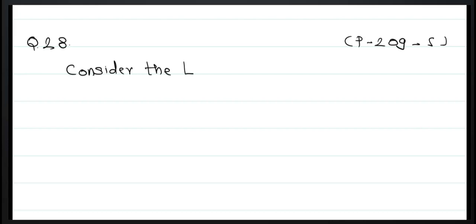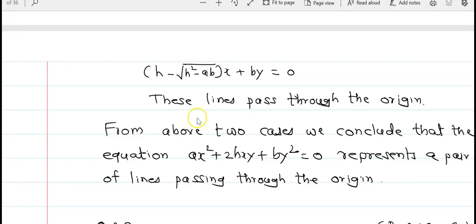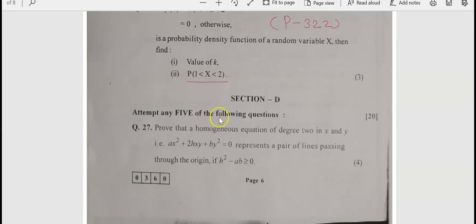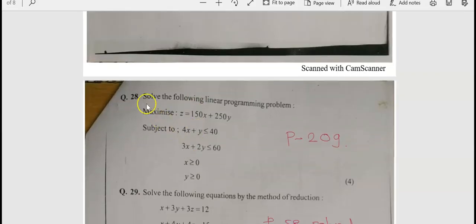Now the next is question number 28. Solve the following linear programming problem. Maximize z = 150x + 250y, subject to 4x + y ≤ 40, 3x + 2y ≤ 60, x ≥ 0, y ≥ 0.